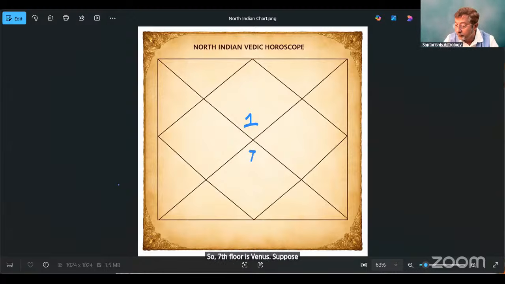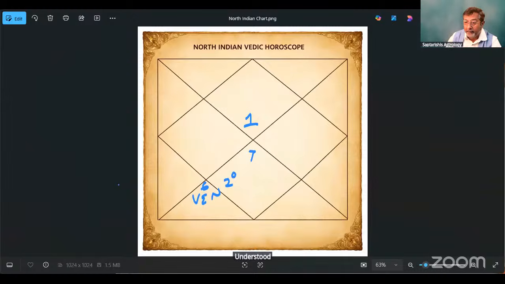Suppose Venus is say sitting here in Virgo. And the degree of this Venus is 2 degree. Understood? So you will say, Kathinai hogi. There will be troubles, there will be challenges. Not easily achievable.